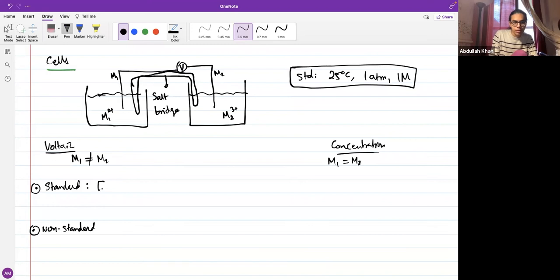Voltage has a symbol E, so E cell, electrochemical potential, just another fancy name for voltage. At standard, remember our standard symbol, it is given by the standard reduction potential of the reduction half minus the standard reduction potential of the oxidation half. And I'll explain what all of these are in a second.